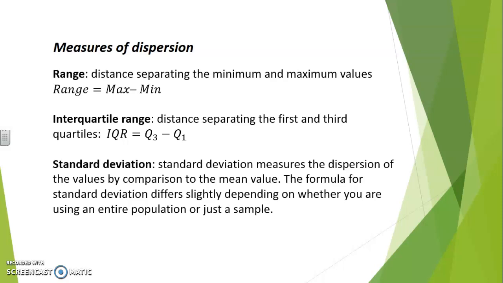Then there's standard deviation. Standard deviation measures the dispersion of the values by comparing them to the mean. The formula for the standard deviation differs slightly depending on whether you're using data from a population or just from a sample.